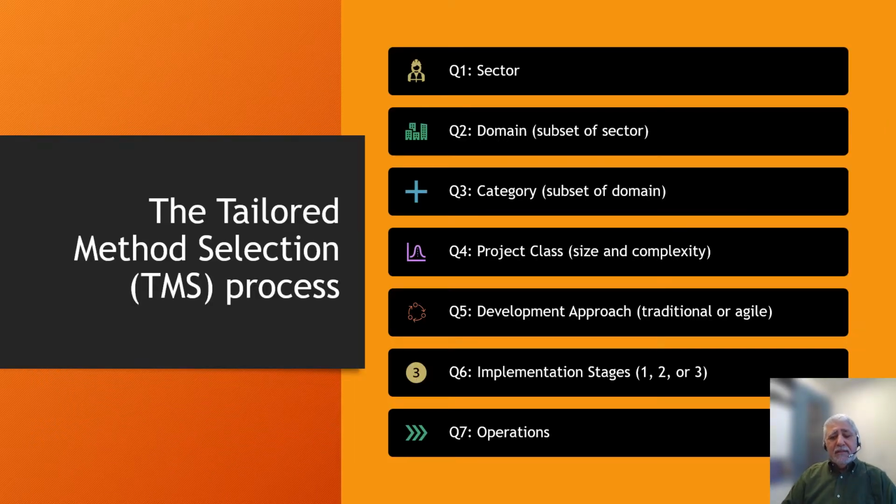Okay, what is the tailored method selection? Obviously, as we mentioned, and we probably talk about this in many events and webinars that we host, the whole idea about project management is that there are a lot of things that are common concepts across all domains and sectors, such as, for example, the idea of processes.